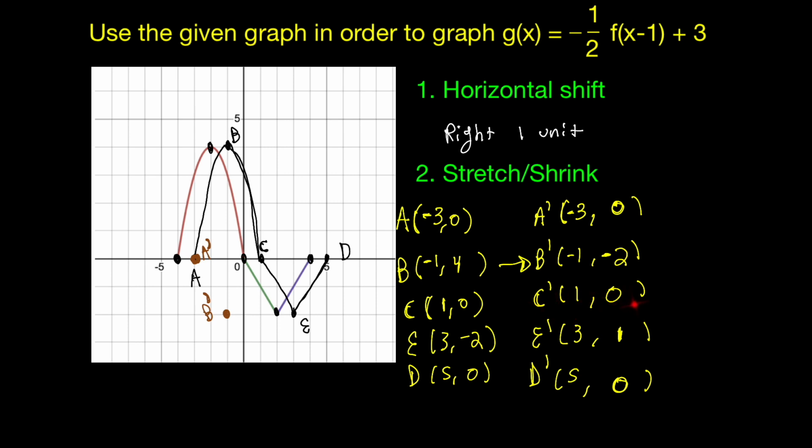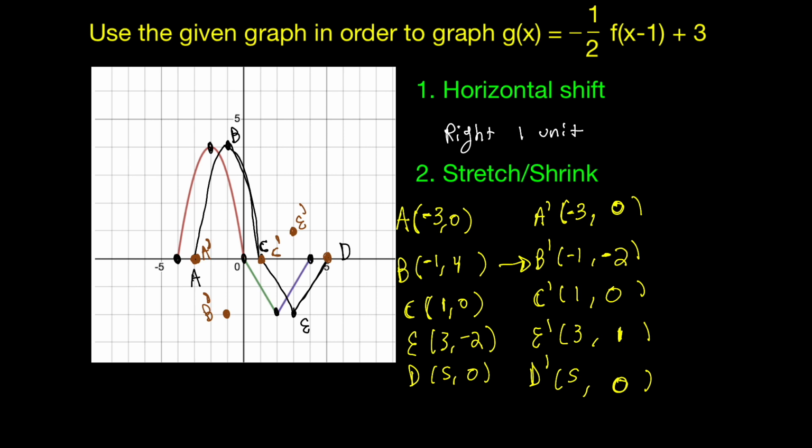Next, I'm going to grab C prime, which is at 1, 0. So that one doesn't change either. I'm going to grab E prime, which is at 3, +1. So here I'm going to go 3 units to the right and then go up by 1 unit. And then finally, I'm going to get D prime, which is at 5, 0. So that one doesn't change either.